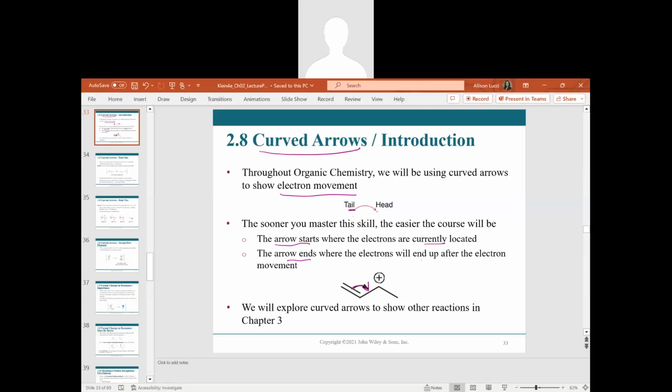But this last point notes that we're going to explore this again in chapter 3 when we look at acid-base reactions.